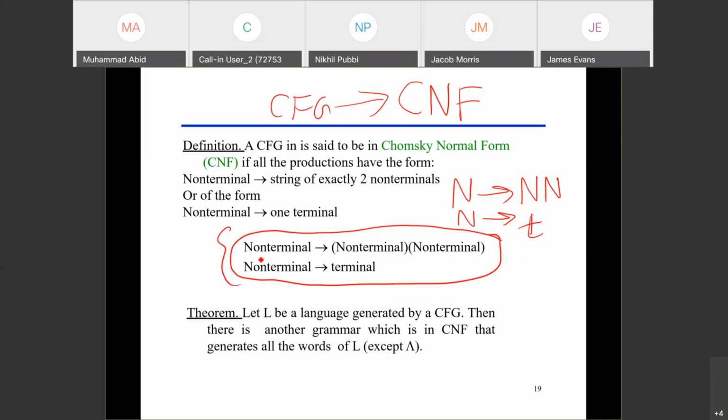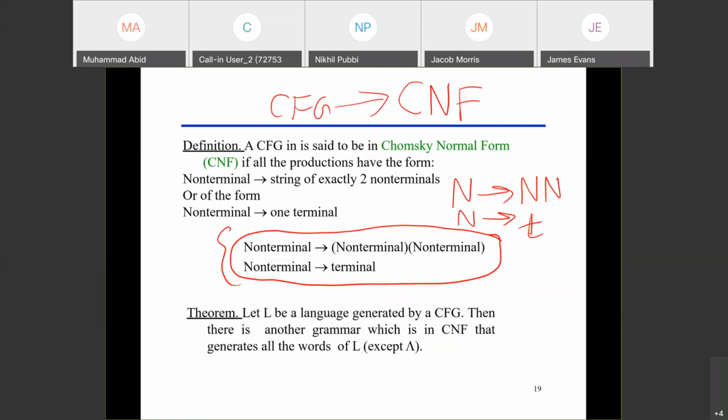So now we are saying that if you have a language and this language can be generated by a context-free grammar, and this context-free grammar has a lambda production, has a unit production, has all possible problems, there must be another grammar in Chomsky normal form that must exist for that context-free grammar.